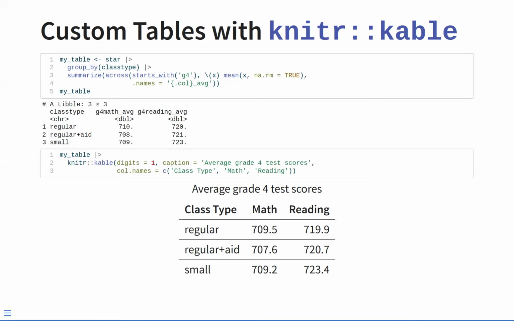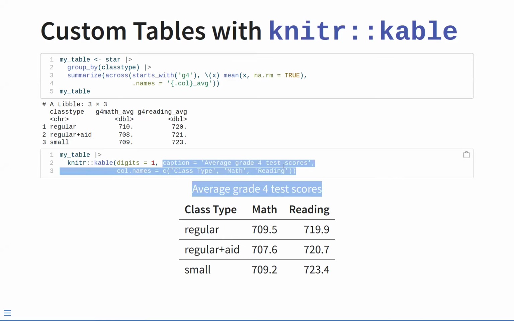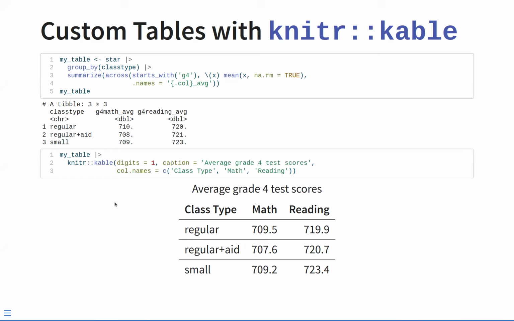And the less crying I have to do, the better on the whole. I'm also specifying a caption, average grade 4 test scores, and column names. And you can see at the bottom of the slide, it produces this relatively cleanly formatted table that doesn't give perhaps quite as much information as the one on the previous slide, but it might be good for a simple example in a paper. That's it for Research Plumbing 1.